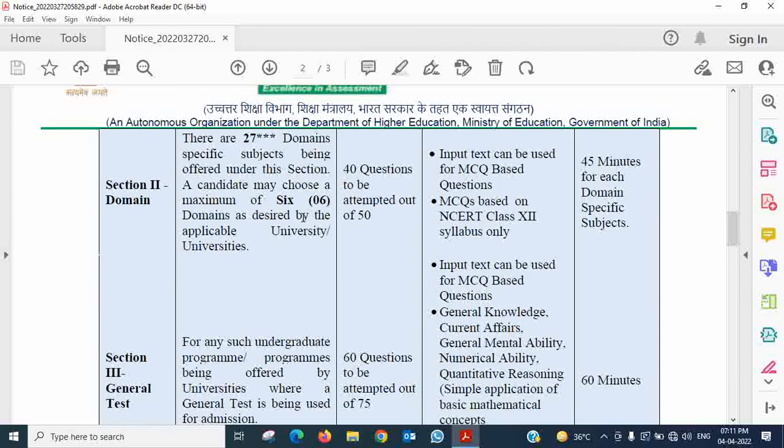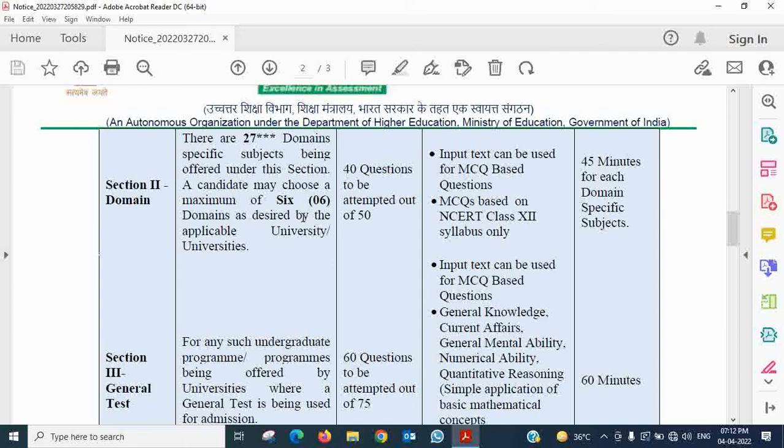In section 2, the domain-based exams, you can select any 6 domains out of 27, and this exam will have 55 questions.